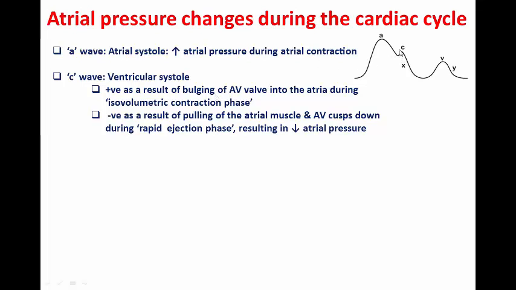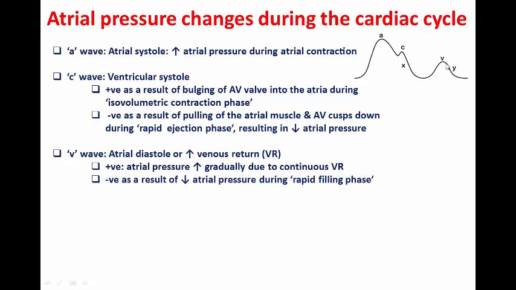And so this is the positive component of the C wave due to bulging of the atrioventricular valves into the atria during the isovolumetric contraction phase. And the negative component is the result of pulling of the atrial muscle and the AV valves down during the rapid ejection phase of the cardiac cycle, resulting in a decrease in the atrial pressure.